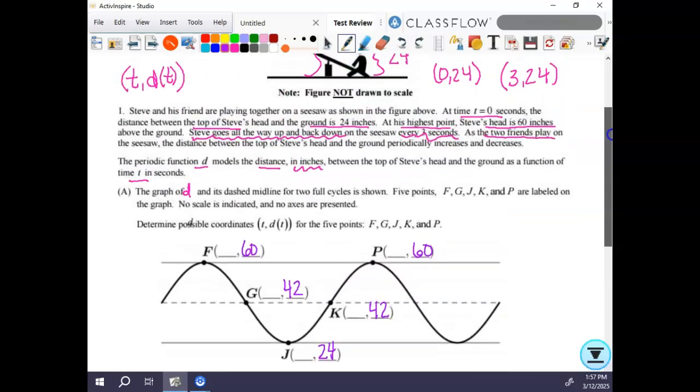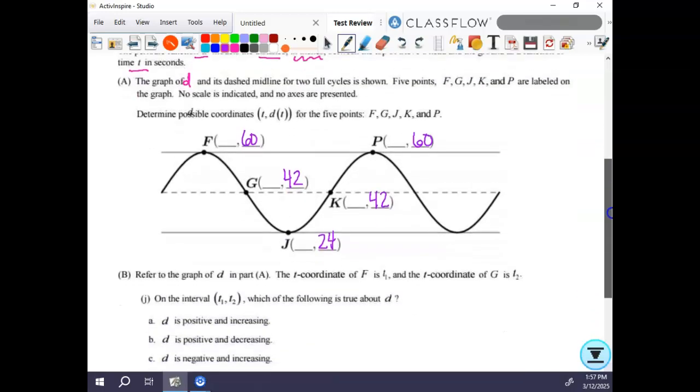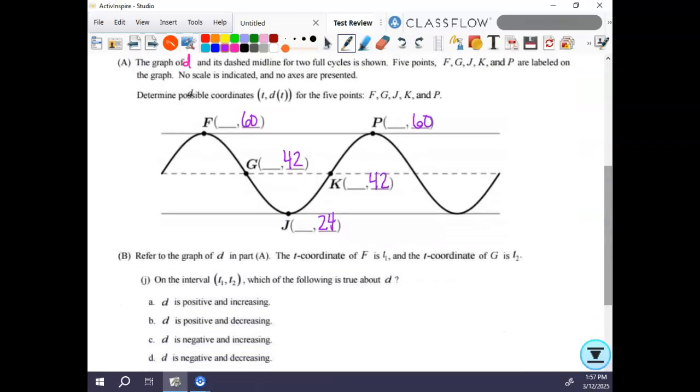So we know we have these two x values of 0 and 3 for 24. I know that this cannot be 0, because if I go backwards, I can't have a negative time. So I would have to come back a little bit and get a point right here, and this point could be (0, 24). It goes all the way up and comes back down.